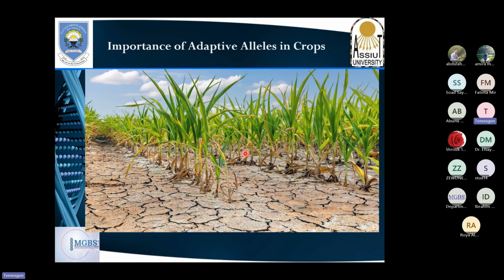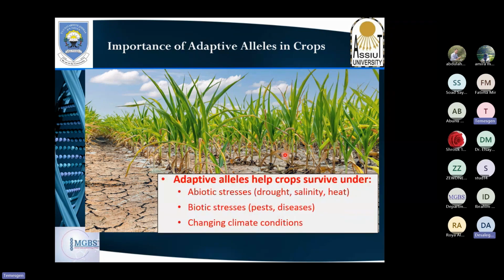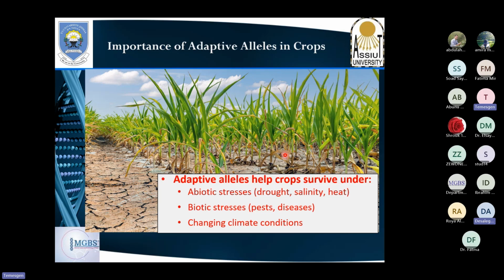So what is the importance of identifying adaptive alleles in crops? Crops have to survive in their environment. When you identify these adaptive alleles, they can help us identify survival under different stresses. We can identify abiotic stress like drought, salinity, heat, biotic stress, as well as changing climate conditions. Later we'll look at the individuals we use to analyze multi-locus, which have the ability to survive that environment.